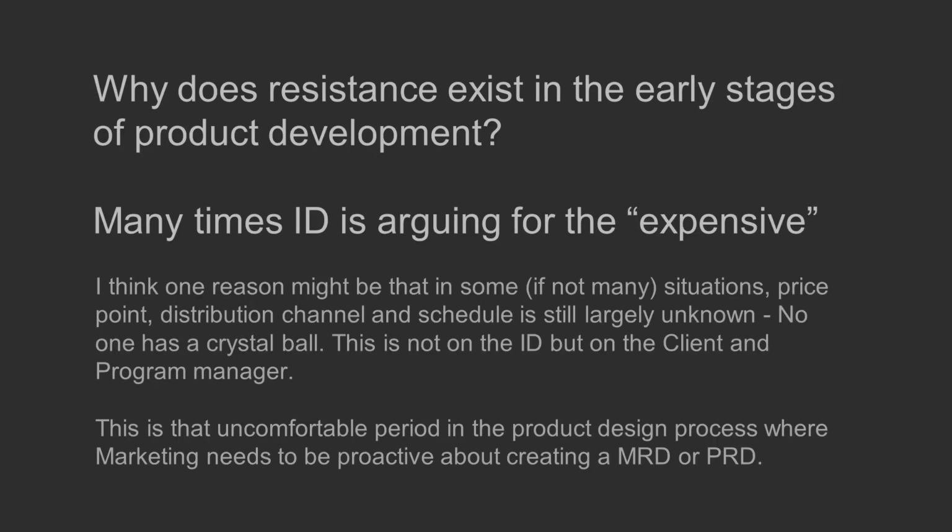On the subject of recurring tension that I've observed in my experience in the role of both an ID and an ME, one factor stands out to me, and I thought I'd mention it here. In some situations in the early stages of a product design, no one really knows the projected product's price point and at what kind of volumes per year the product is going to be projected for.